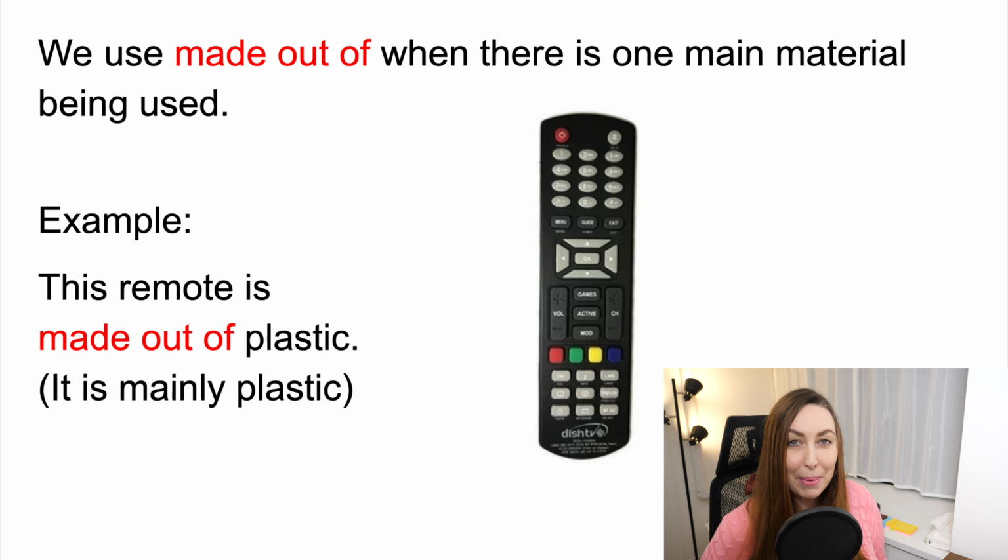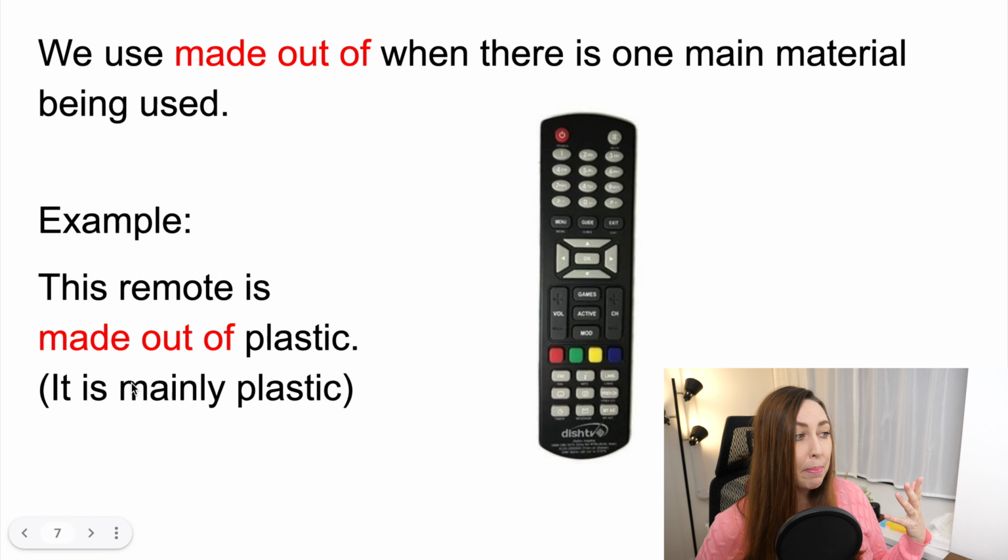And that is made out of. Made out of. Okay? We use made out of when there is one main material being used. One main material being used. So I have a picture of a remote controller. We also call this just a remote. Okay? So this remote is made out of plastic.